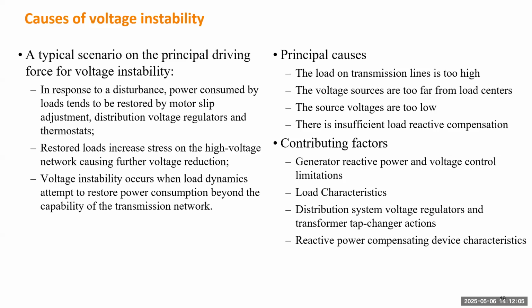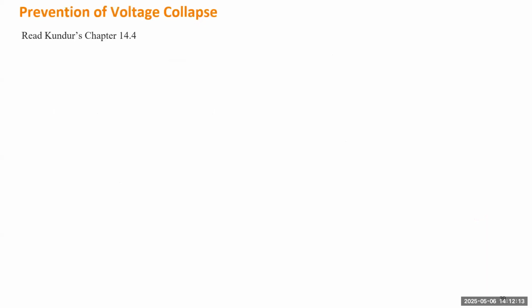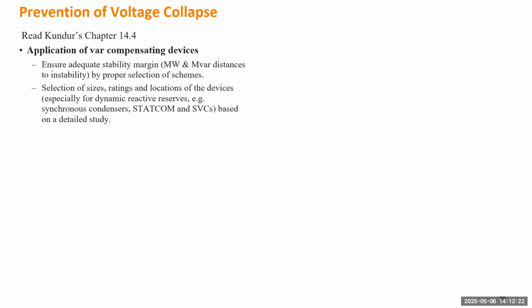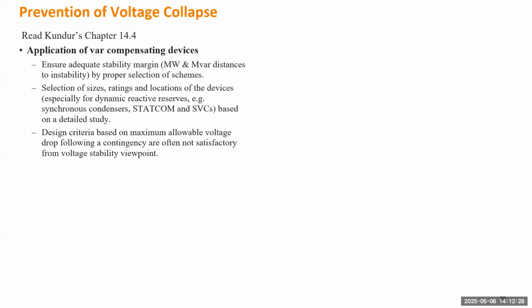Yeah. So for the contributing factors, the tap changing transformer will be critical. There are some preventions of voltage collapse. First one, you can use VAR compensators to inject reactive power at some location which has a higher bus participation factor.